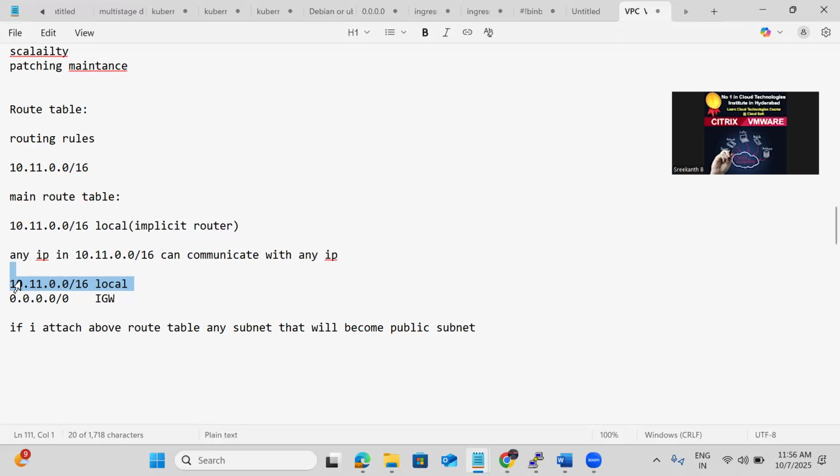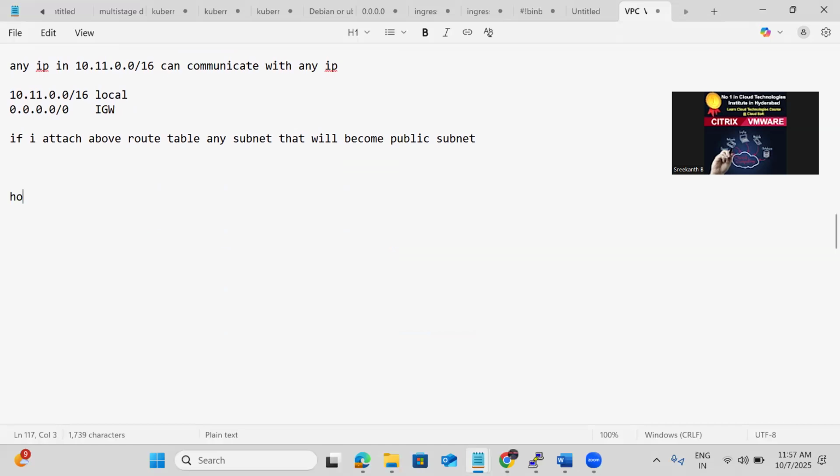If I want to make a subnet public, I need to create an internet gateway attached to the VPC. Then I need to create a route table with the internet gateway rule, and attach the route table to the subnet. Then that will become public. Now we'll discuss those steps.